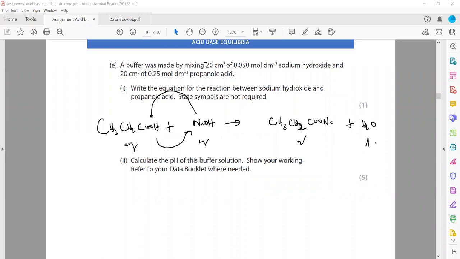First, using the concentration and the volume, we'll find the moles of sodium hydroxide.